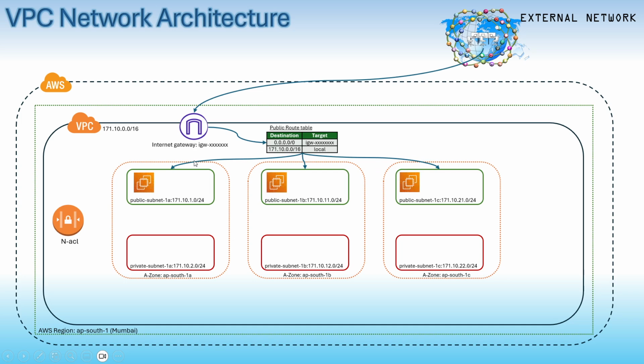so in the public subnet, generally we have web servers. Web servers might be running on EC2, on an EKS cluster, or a load balancer, whatever things we want to give external clients direct access to.